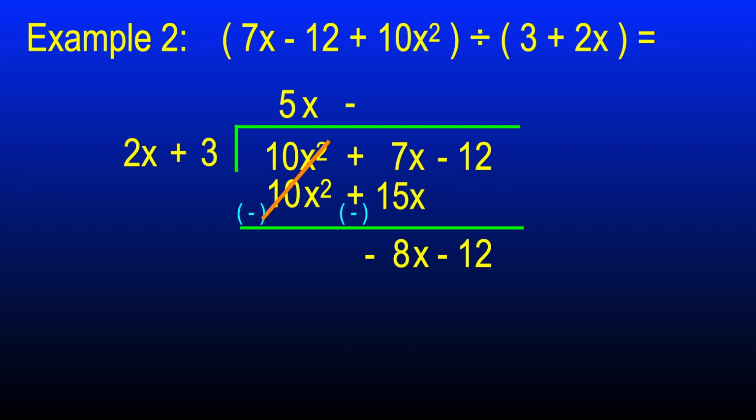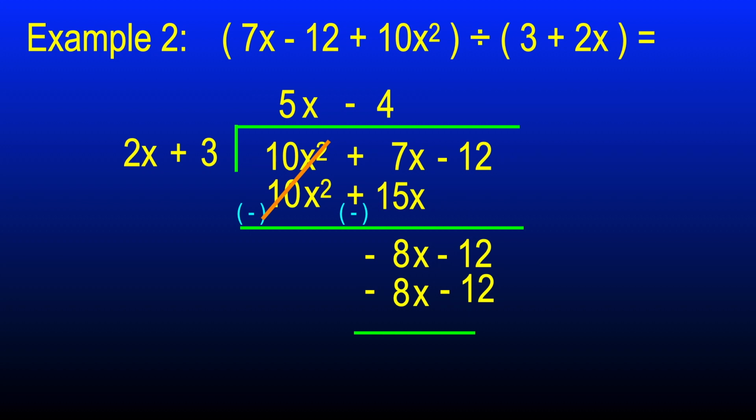Then, 8x divided by 2x is 4. Ayan. So, multiply na naman tayo. Negative 4 times 2x is negative 8x. And then negative 4 times positive 3 is negative 12.